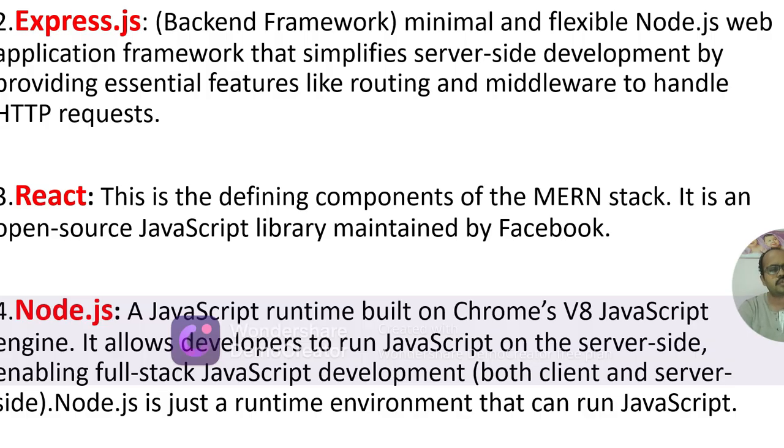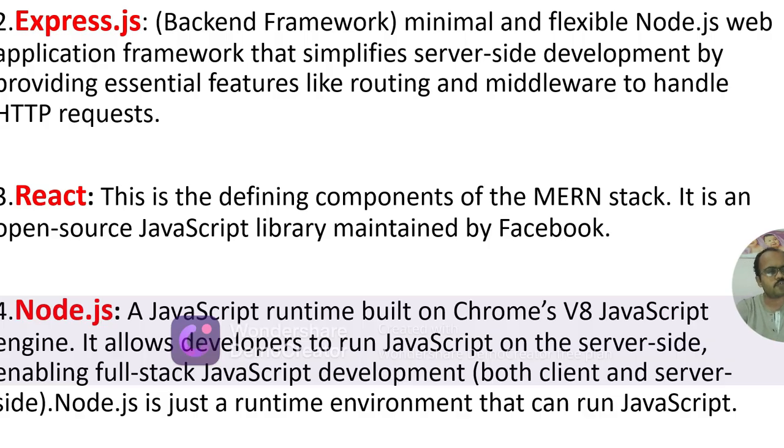Node.js is mainly used for backend purposes, but we can also create a front end in it. Node.js is just a runtime environment that can run JavaScript. To run it, we need to install the Node.js software.